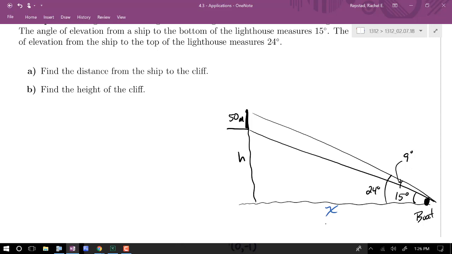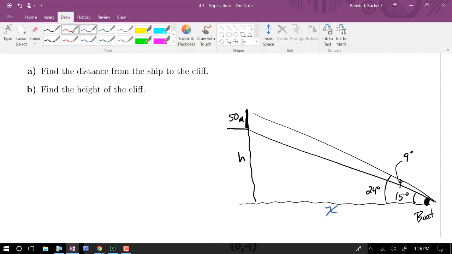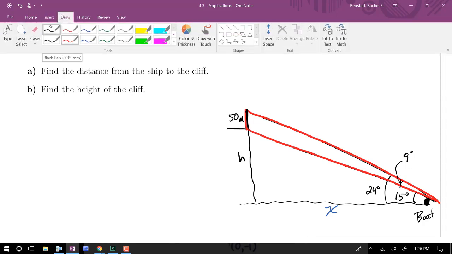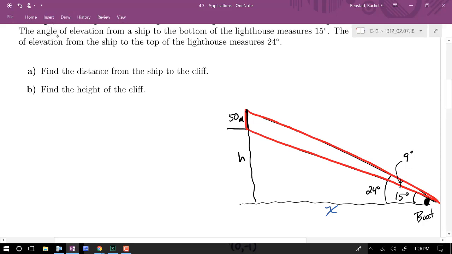That 50 meters. So the first thing we're going to do, I'll highlight this in red, is look at this little skinny triangle here, because that's the only triangle for which we have a side measure. We know the side measure and we know the angle, 9 degrees. That side of 50 meters is opposite this known angle of 9 degrees.